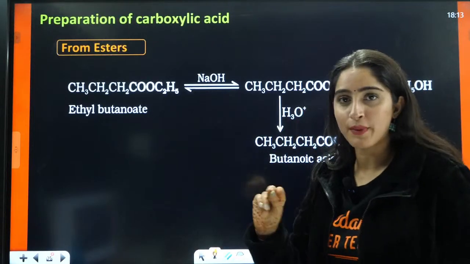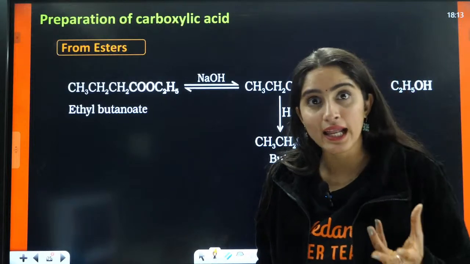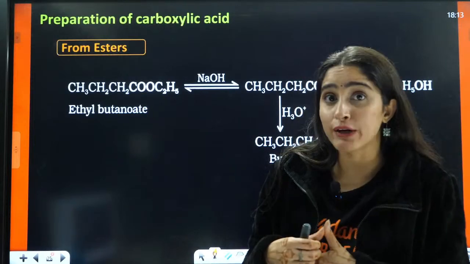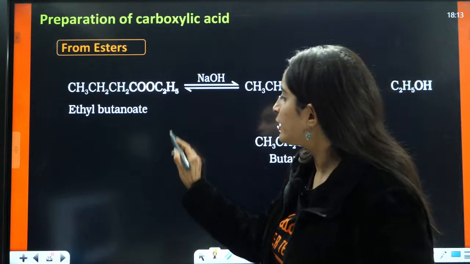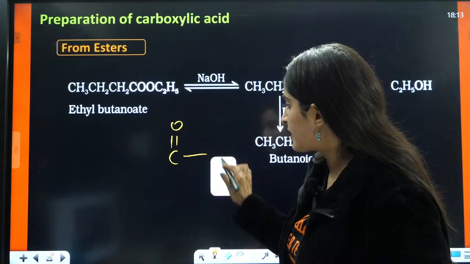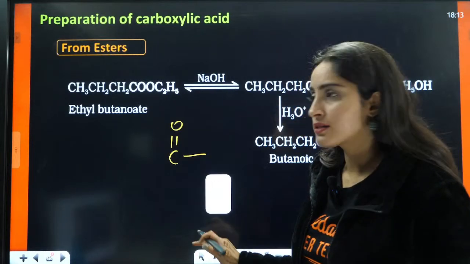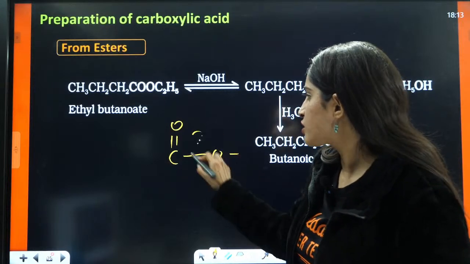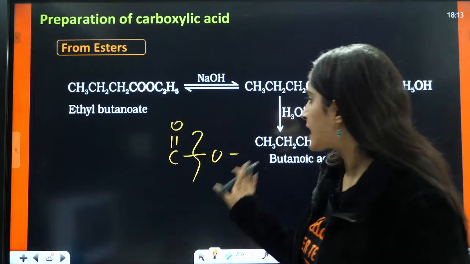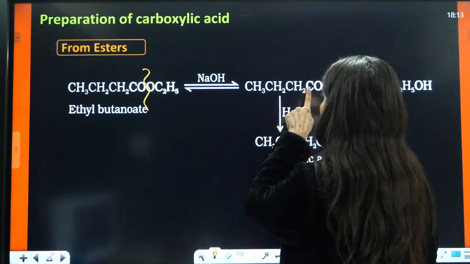Just remember that whenever you do hydrolysis of acyl halide, or anhydride or esters, you need to break this bond here, whether it's X, whether it's OH, whether it's OR, whether it's any anhydride. Break this bond here, and you will have COOH here.